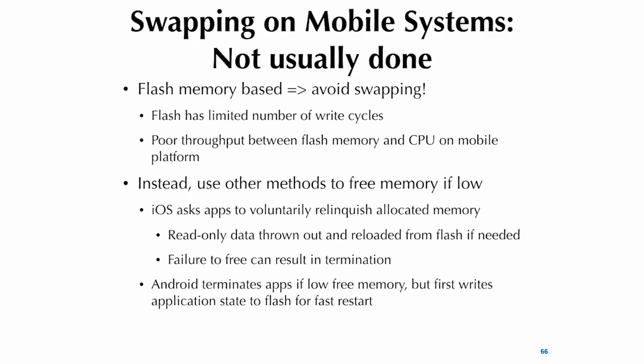And for mobile systems, because nowadays we have a lot more RAM, and also this is flash memory based, you do things a little differently. For one, even though flash is backing store, non-volatile memory, it is still kind of memory. And certain systems can do what's called execute in place.